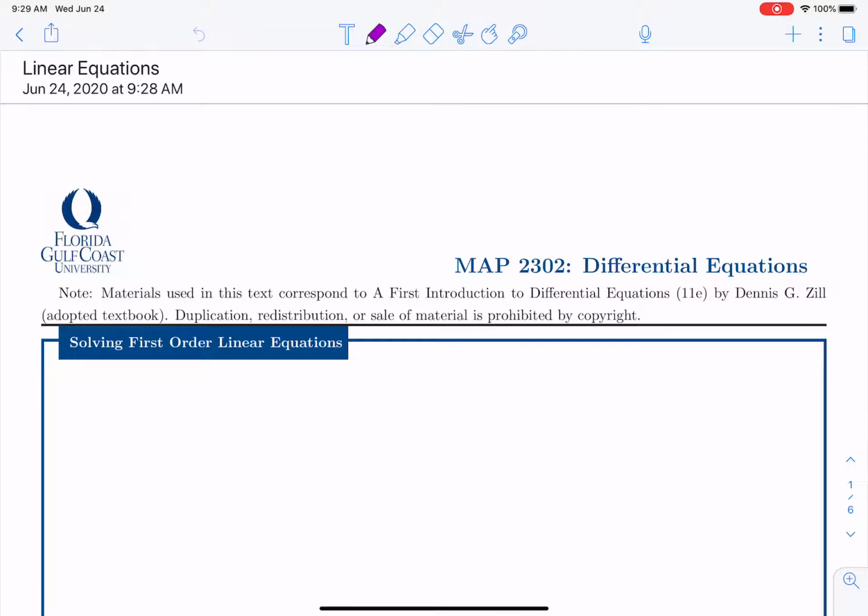So we are going to solve a first order linear equation using an integrating factor.